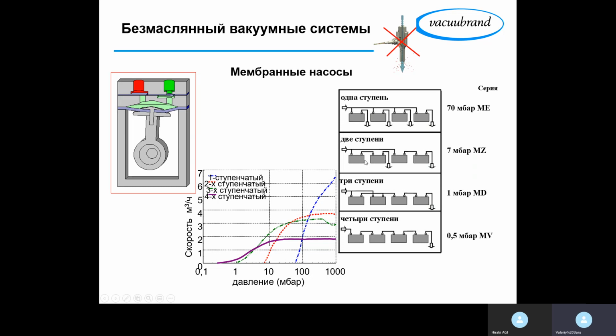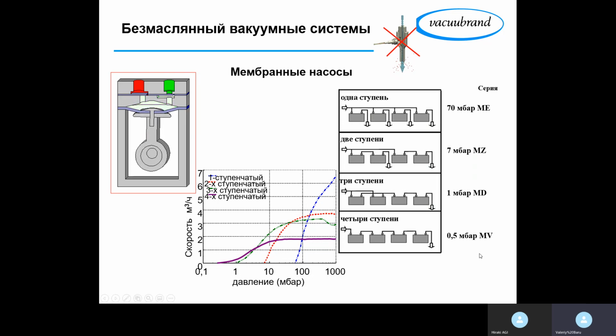We can also connect the chambers one by one. So in this case, we have four chambers, but each two are connected one by one, and this allows us to reach a higher vacuum. In case of the three-stage pump, we can reach an even higher vacuum.